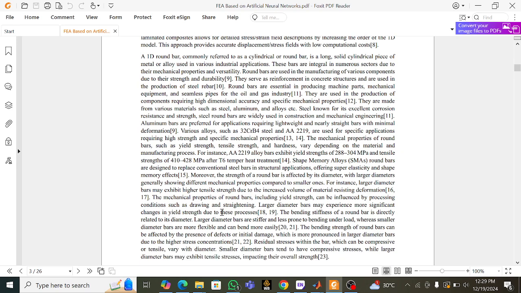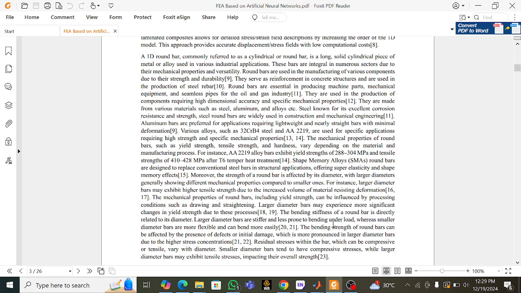Moreover, the strength of the round bar is affected by its diameter. That's why I chose the diameter, and based on the diameter I calculated the cross-sectional area. Based on the cross-sectional area and the length of the bar, I calculated the stresses. A larger diameter generally shows different mechanical properties compared to smaller ones.